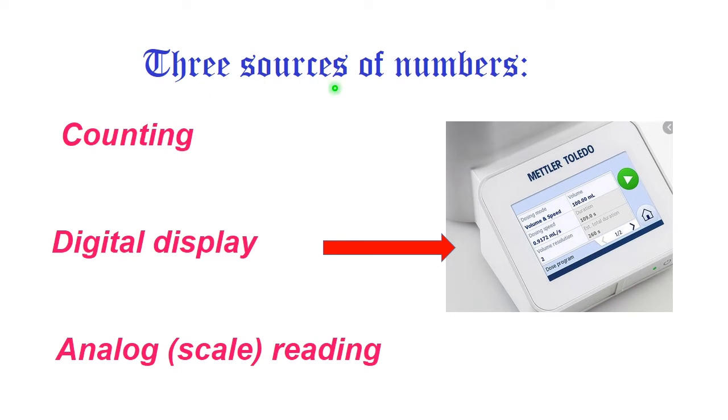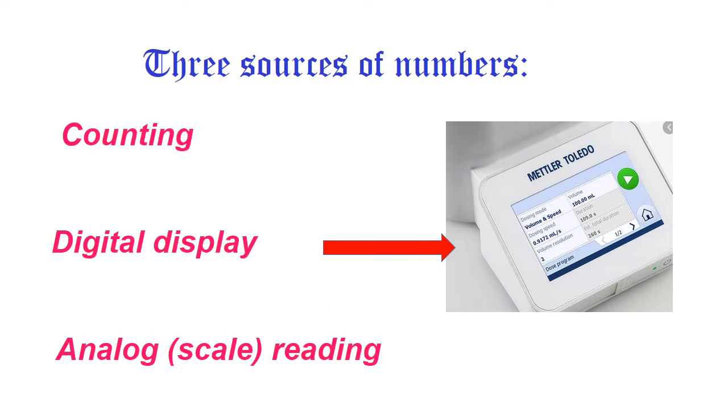We have three major sources of numbers. Numbers can come from counting. Numbers these days often come from a digital display. You just read the numbers, or you can download these numbers into your processing unit, so a computer, laptop, tablet, whatever.